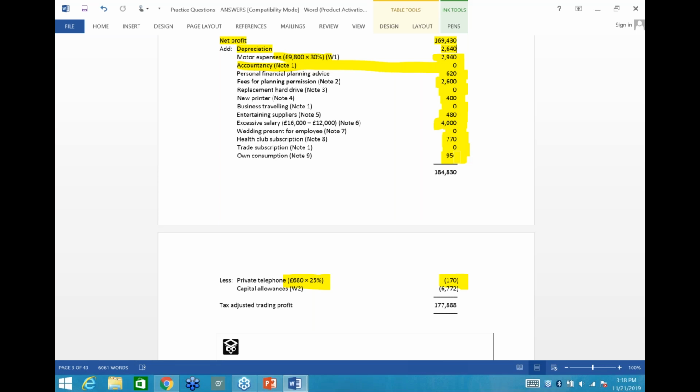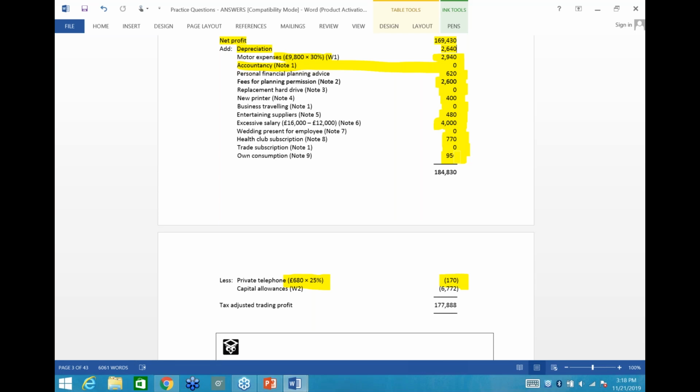The 100% cost incurred to buy the new low emission car can be claimed fully as first year allowance. Now, for that, it has to be a low emission car where the carbon dioxide emission is limited to 50 grams per kilometer or less, and it has to be a new low emission car as well. So if it is a used one, you cannot claim first year allowance.